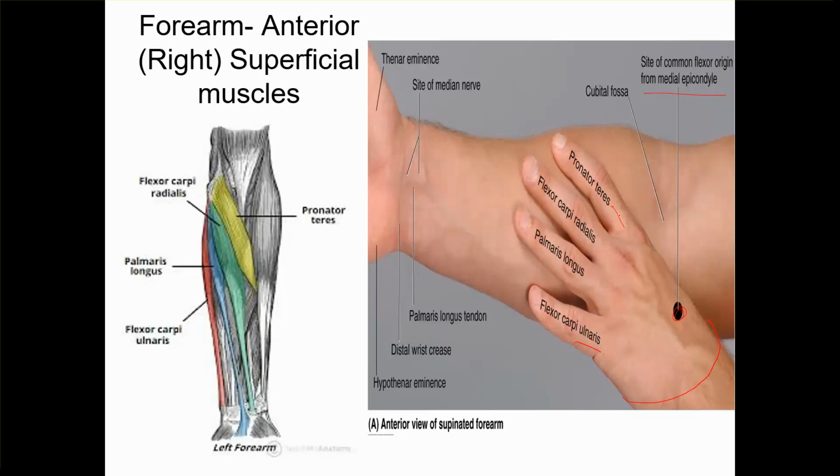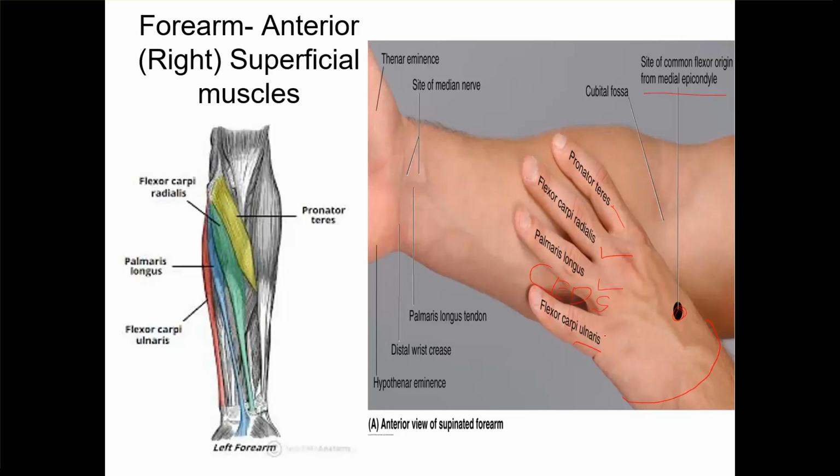So the first muscle will be pronator teres. Next is flexor carpi radialis. Next will be palmaris longus. Next, actually in the next layer, is flexor digitorum superficialis, it's here. And then you have flexor carpi ulnaris.